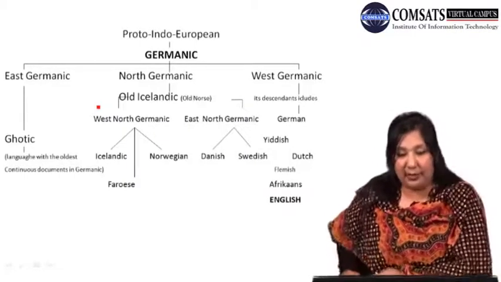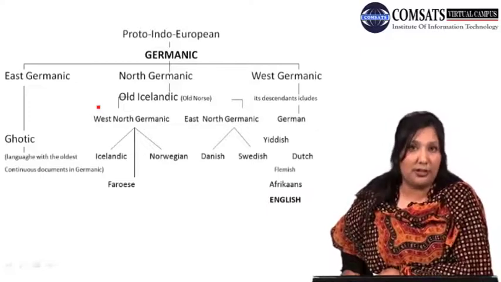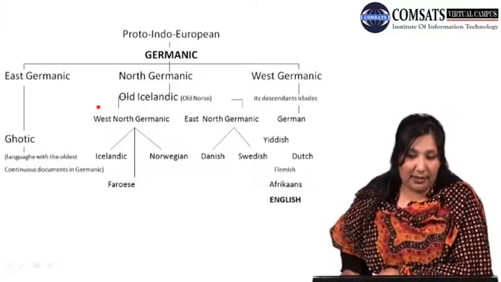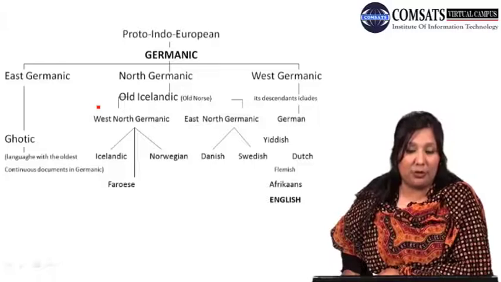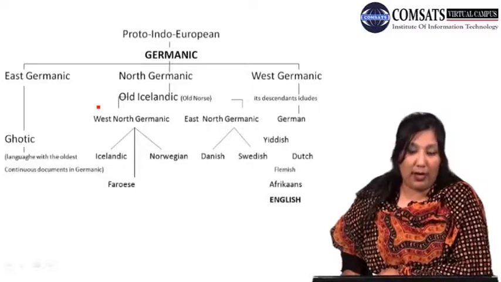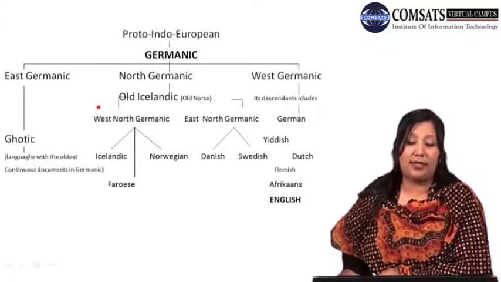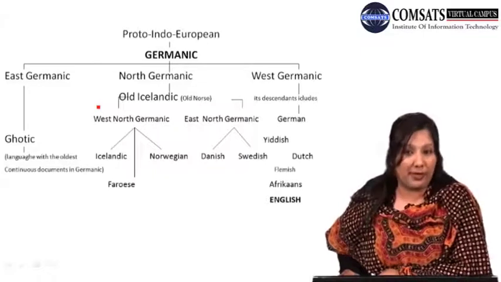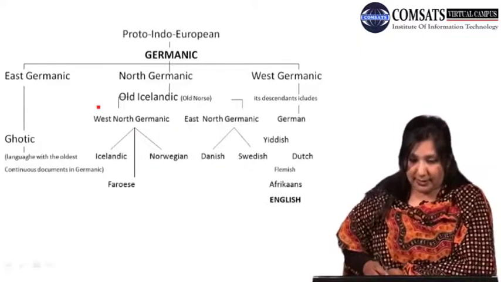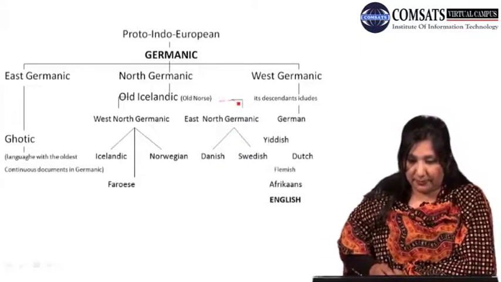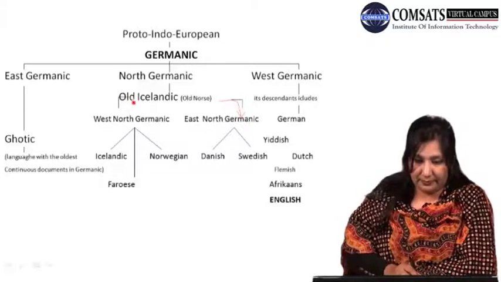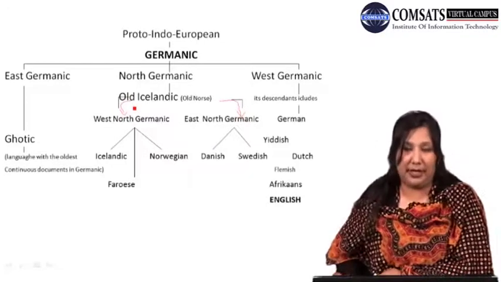Now let's look at the second branch. Second is North Germanic. North Germanic is further divided into Old Icelandic. Old Icelandic is the Old Norse language. Old Icelandic is further subdivided into two main branches.